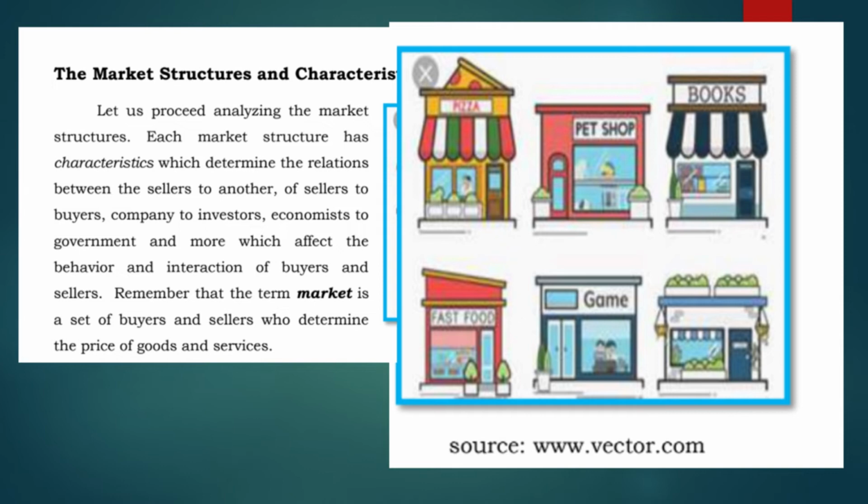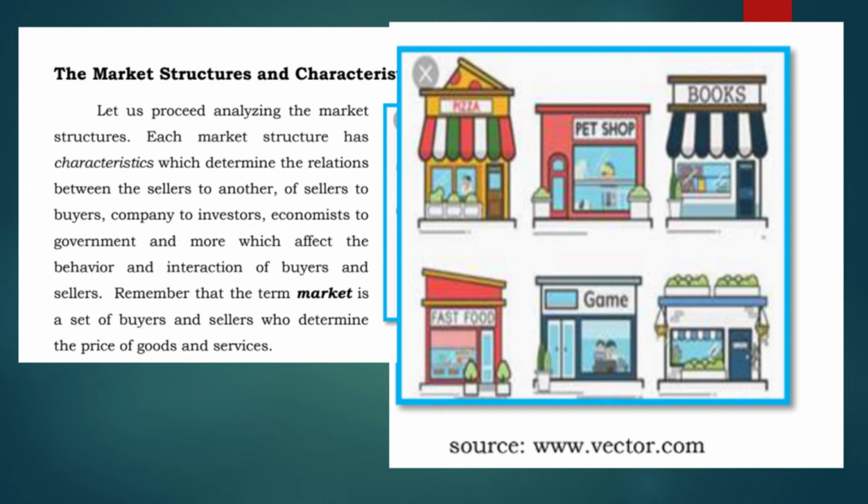Some of the market structure characteristics include the type of products produced, number and size of sellers and buyers, price of products sold in the market, the ease or difficulty of entering and exiting the industry, and number of companies in the market, according to AU Online 27.